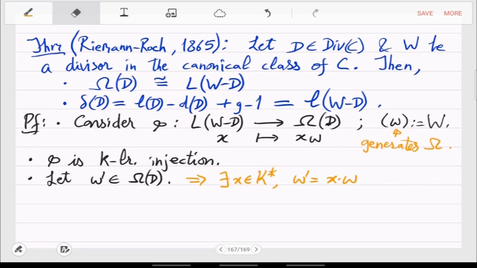So x is there. Also, you know that the maximal divisor associated to omega prime will be at least D, because omega prime is in big omega D, right? So by definition you also have this, which is a condition now on x omega.